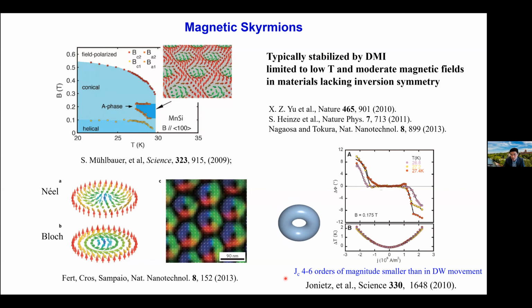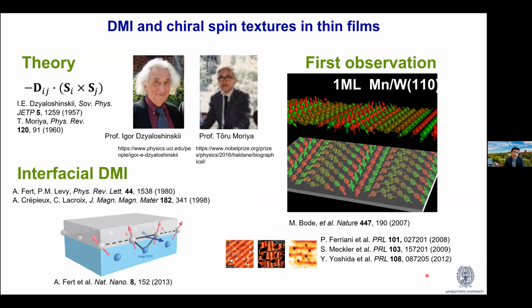In fact, since their discovery in 2009, there have been studies, for example this Science paper, showing the critical current density needed to drive magnetic skyrmions is orders of magnitude smaller than for moving magnetic domain walls. A key enabling mechanism is the Dzyaloshinskii-Moriya interaction, which is an anti-symmetric exchange.